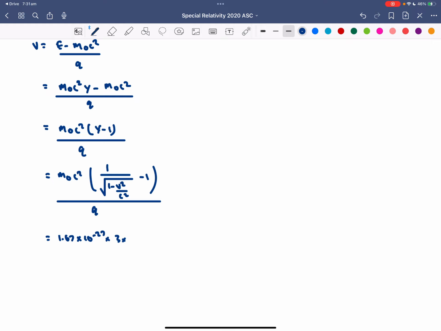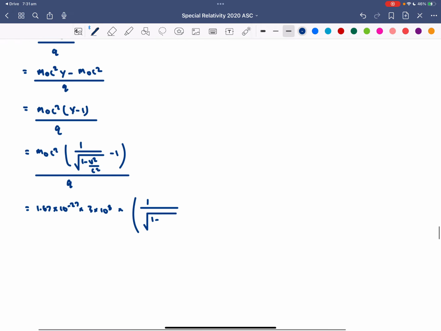Speed of light is 3 times 10 to the 8, squared, times 1 over root 1 take, what's the velocity? Velocity is 0.77, so 0.77c squared all over c squared, take 1, and then don't forget to divide by the charge. Divide by 1.6 times 10 to the negative 19.